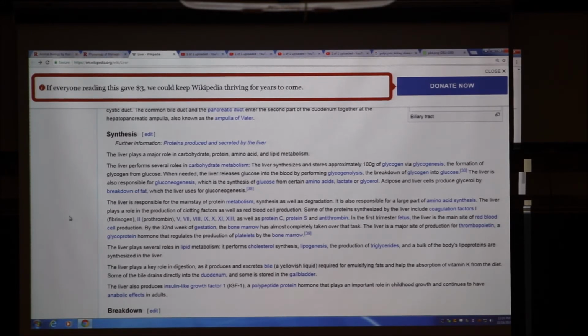So what's it called when the liver takes amino acids, which are not a carbohydrate, and makes glucose, which is a carbohydrate, out of that amino acid precursor? What's that whole process called? Gluconeogenesis. That is a fantastic name, because neo means new and genesis means production. So it's a production of glucose from a new source.